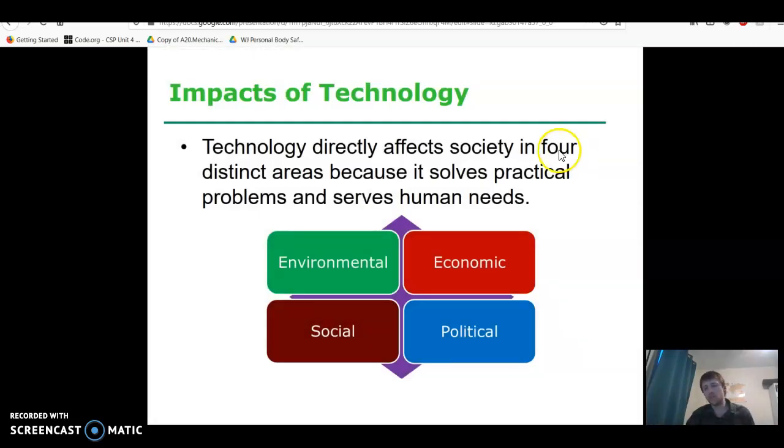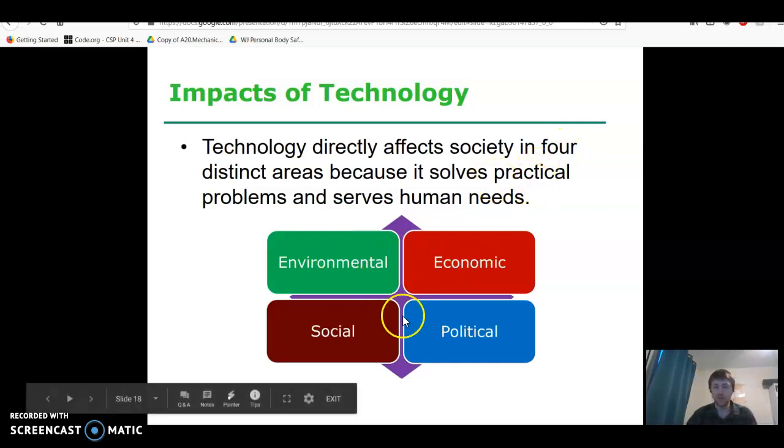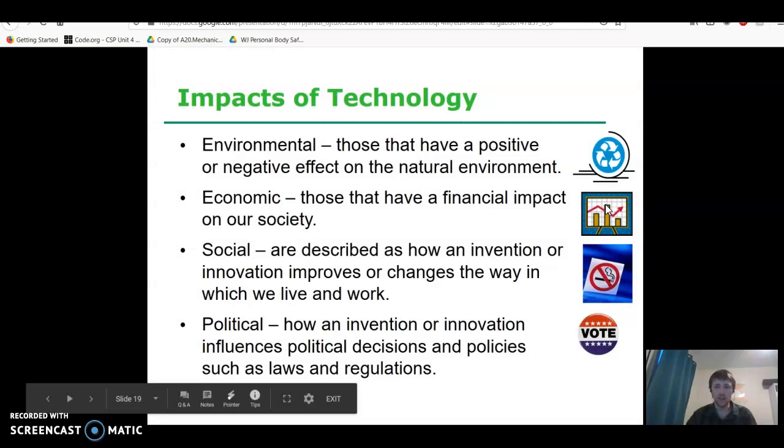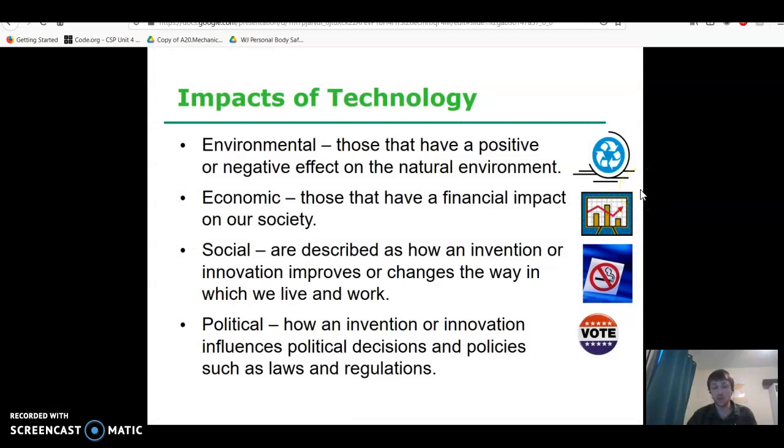Now, just to kind of give a throwback to our history unit, there are, of course, 4 elements to consider with any technology: how it impacts the environment, the economy, society, and politics. And while selling your product, you should also think about these things. So if there's an environmental effect, positive or negative, that could, of course, reflect on the price of your particular goods.